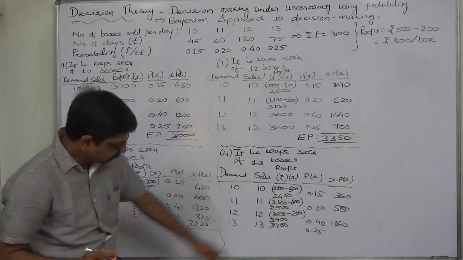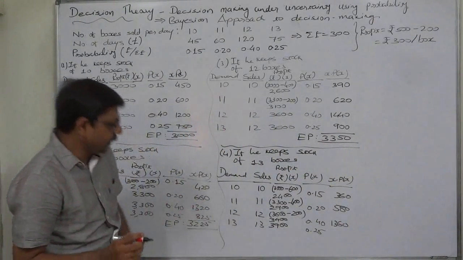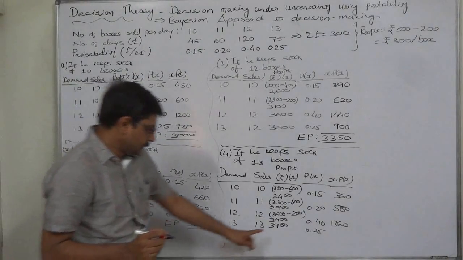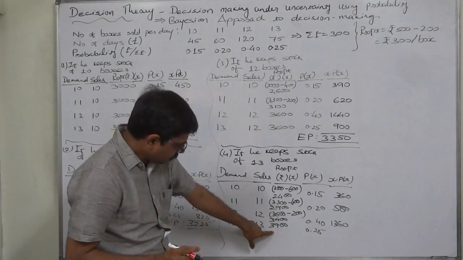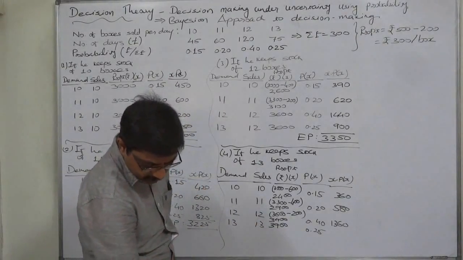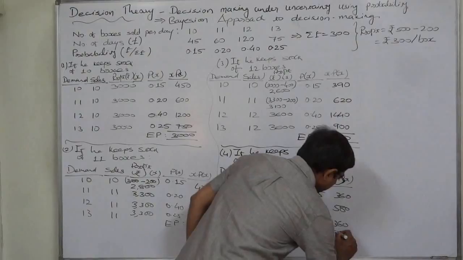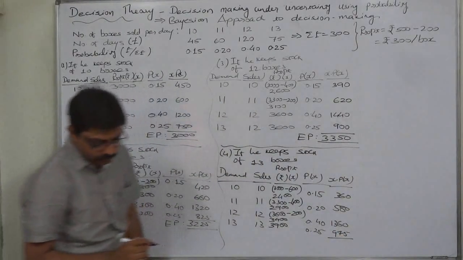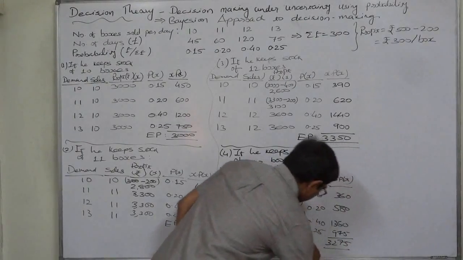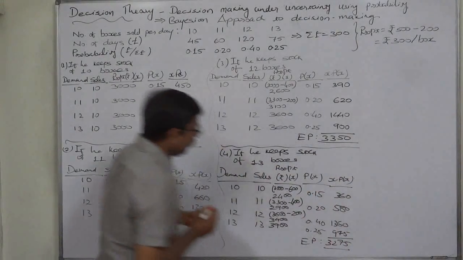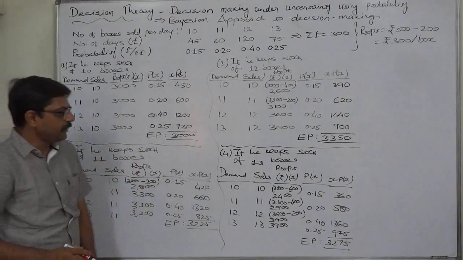And 3900 into 0.25, 975. The total comes to 3275, the expected profit if he keeps stock of 13 boxes.